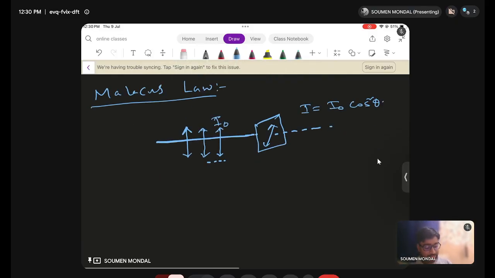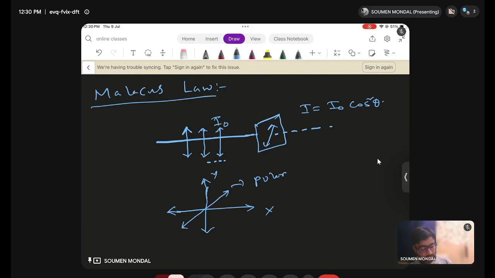Let me explain this again. Let's say this is some xy plane, and this is the axis of polarization, and our polarized light has a polarization direction like this.